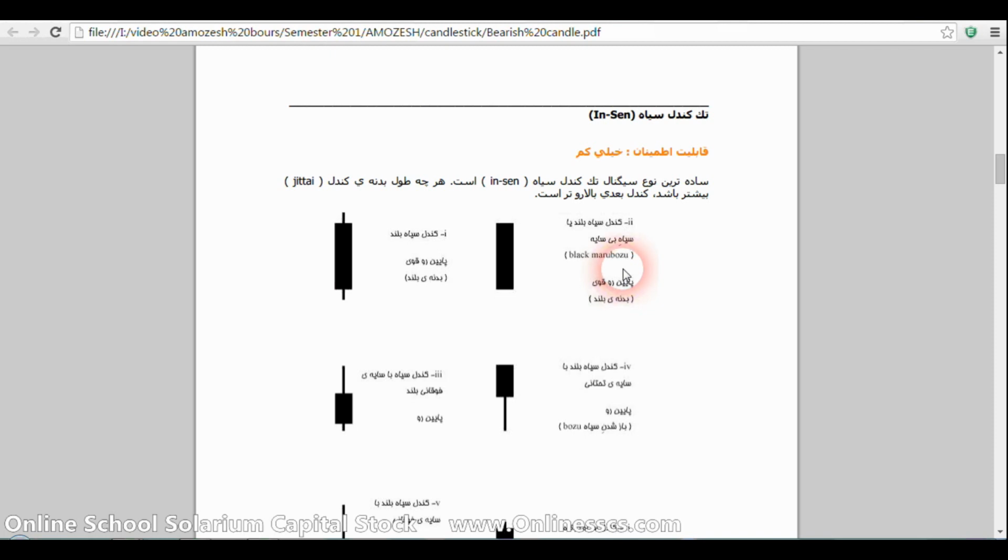Okay, there's a rule in candlestick that each candle that gets finished gives us a signal of how the next candle will be.